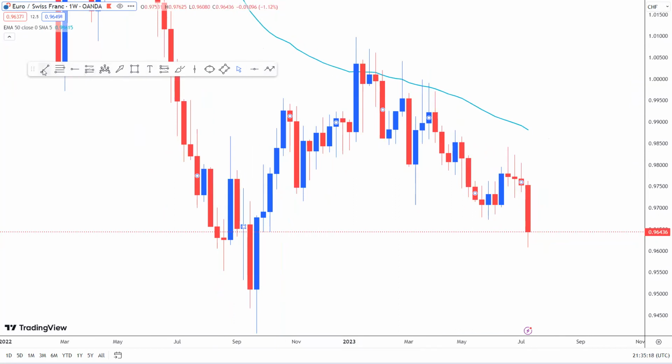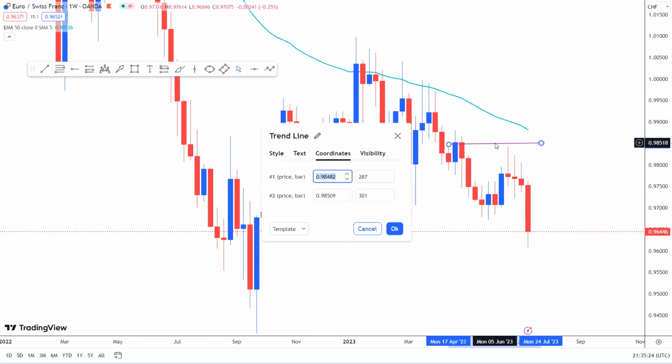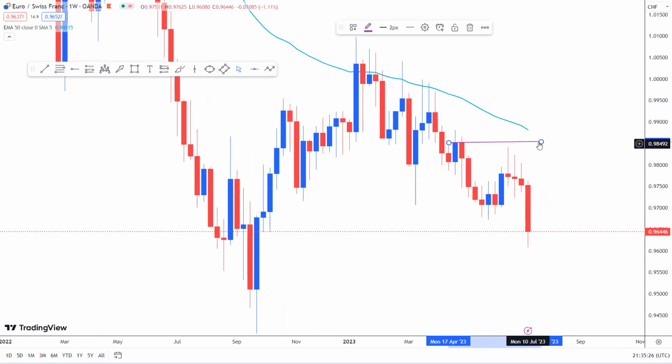There's something I like to do, and that is box off the most recent lower low, because we're in a downtrend here. So this is the most recent lower low. Sorry about that. This is the most recent lower high that led to this lower low right here.